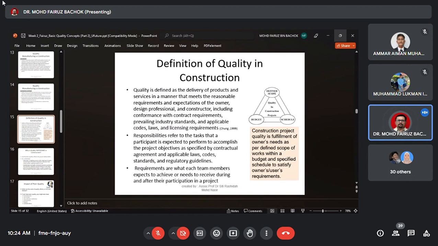If you build that and the discharge of the processed water does not follow the standard for the environment, it does not comply. Those things you have to look at and take serious notice of, what has been put and specified in the contractual agreement, law, code, standard, and regulatory guideline.